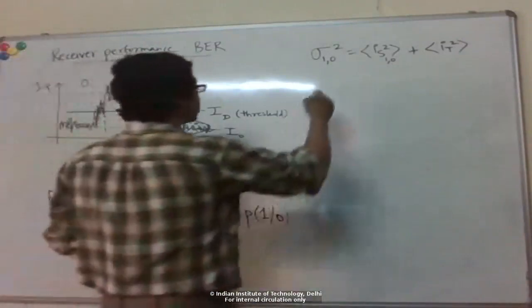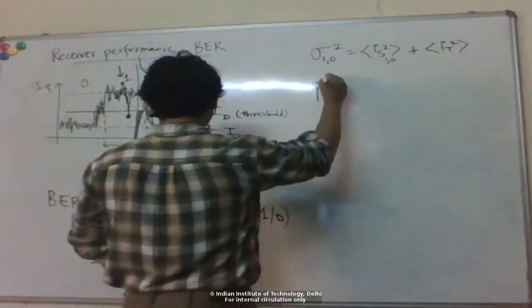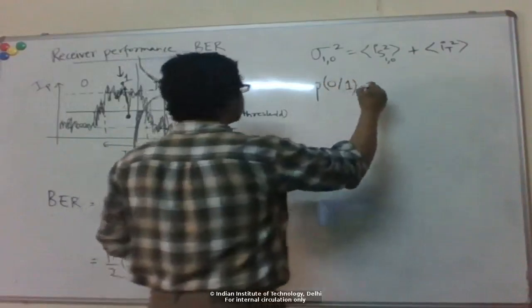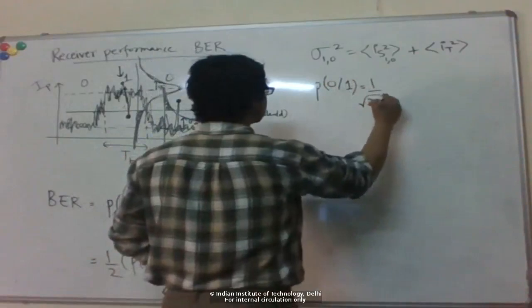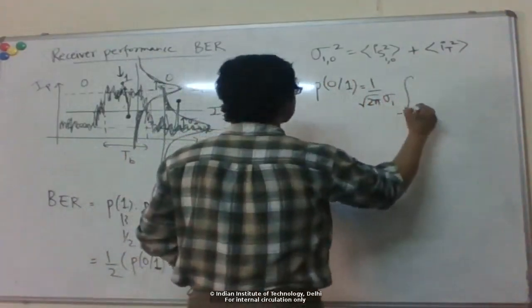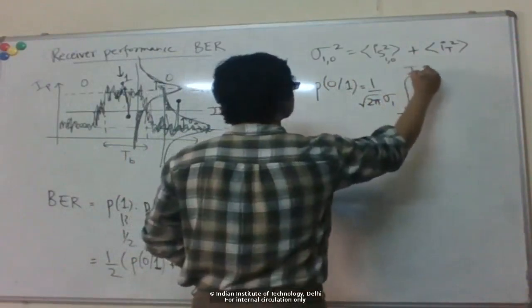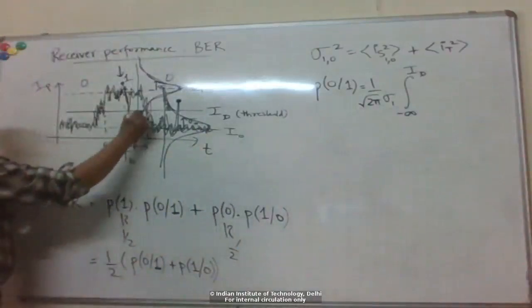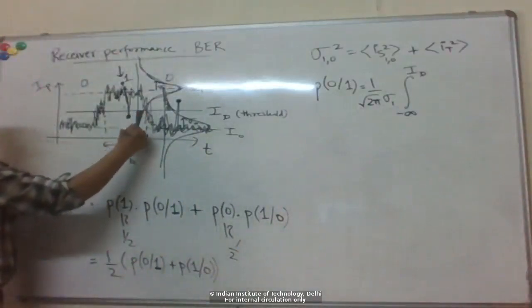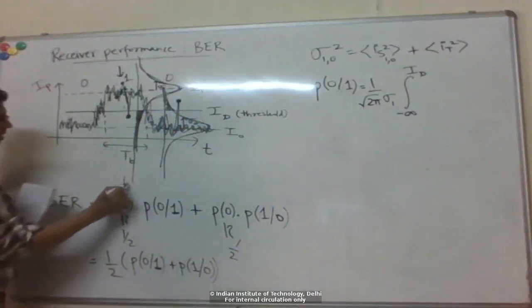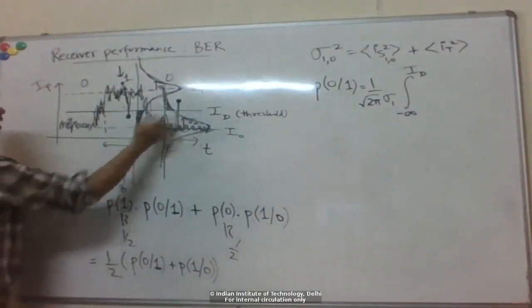Now assuming the noise to be Gaussian, you can evaluate P0 given 1 with this. P0 given 1 is the area under the Gaussian curve below ID, so we are integrating from minus infinity up to ID.